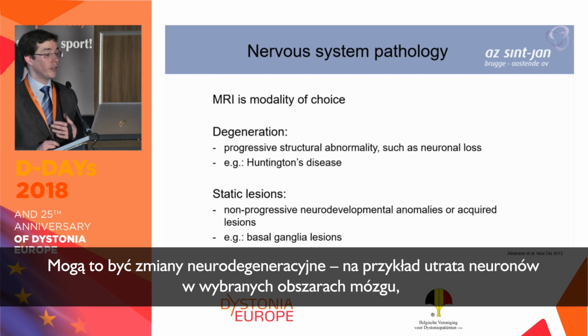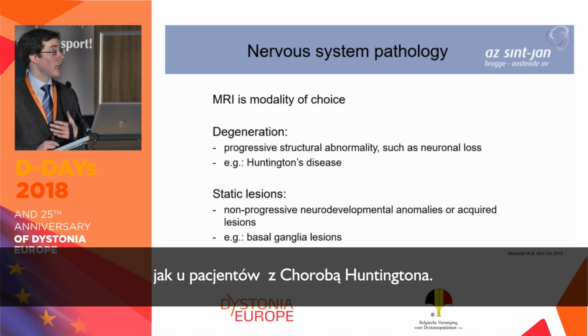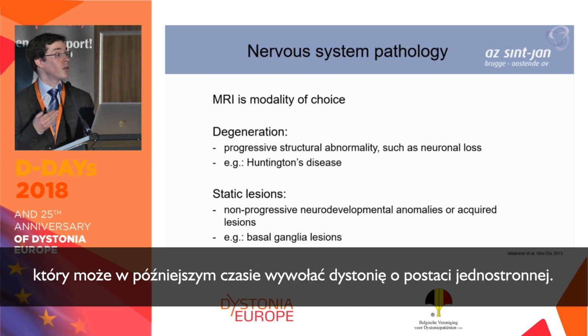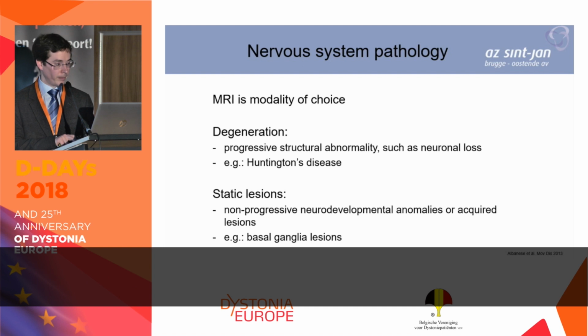There can be degeneration, for example neuronal loss in selective areas of the brain, like in patients with Huntington's disease. There can also be static lesions, for example, a stroke in the basal ganglia can give rise to later development of dystonia on one side of the body.